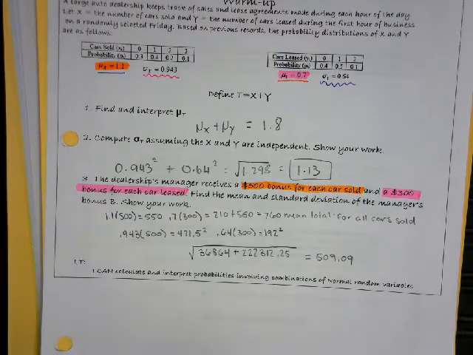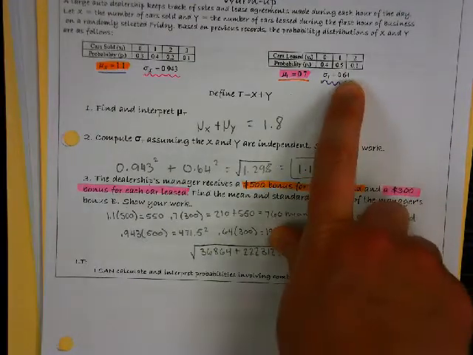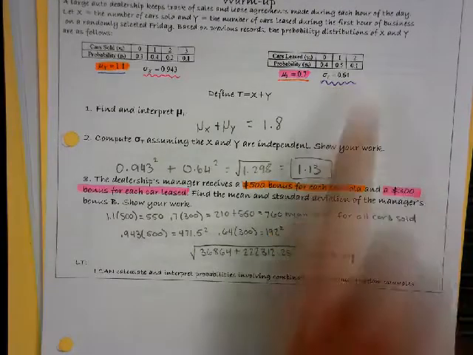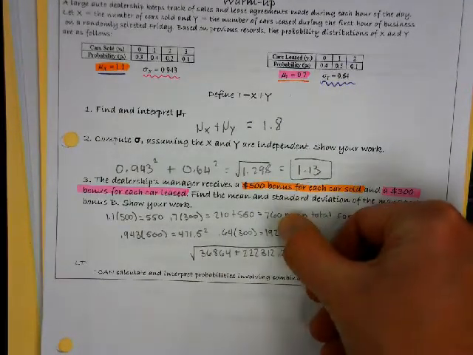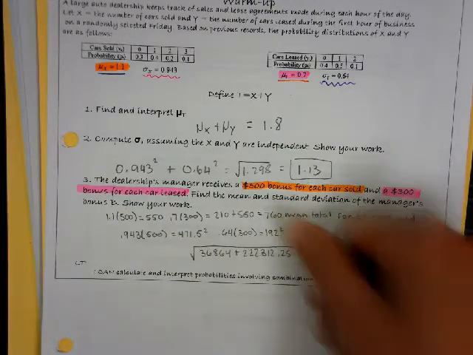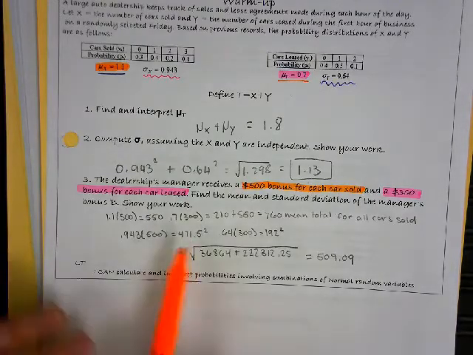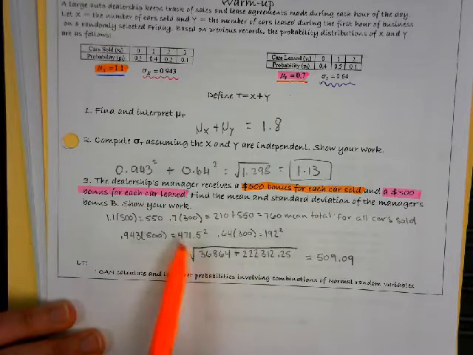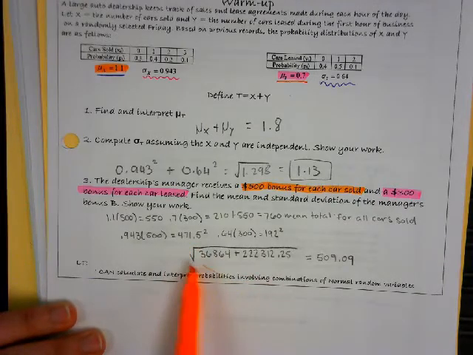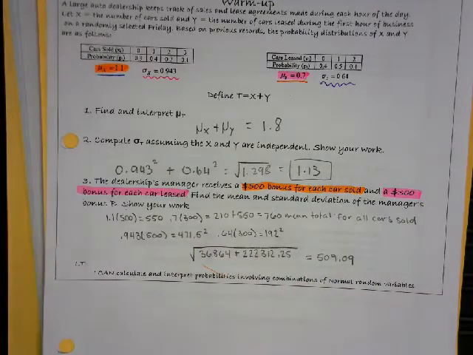She took the standard deviation of cars leased, multiplied it by 300, the bonus, which gave her 192, but we can't add standard deviations. We have to add variances, so she squared it. So she has the actual numbers squared down here, and then she added them together, square rooted it, and you get a standard deviation of 50909. Questions?